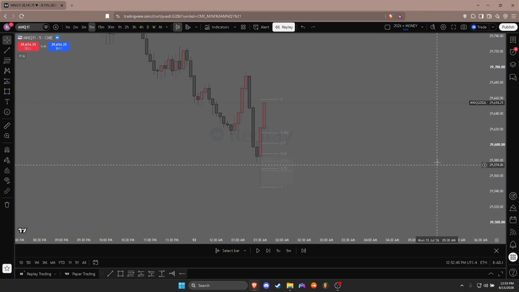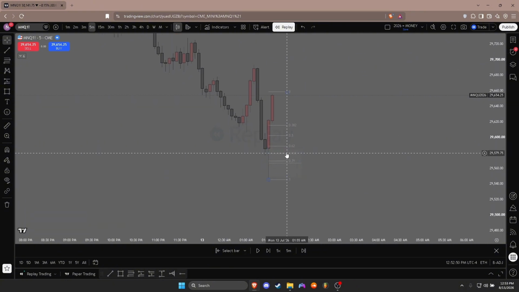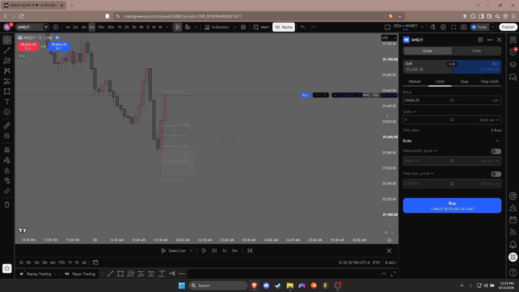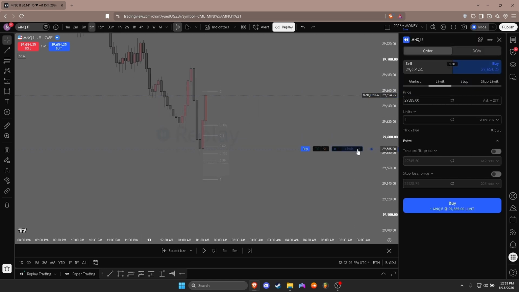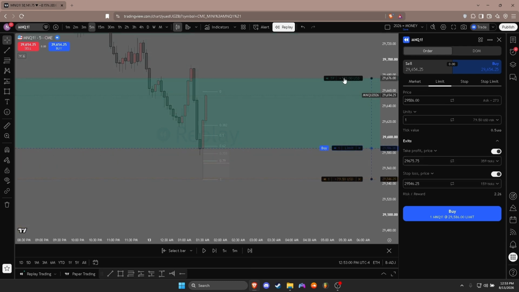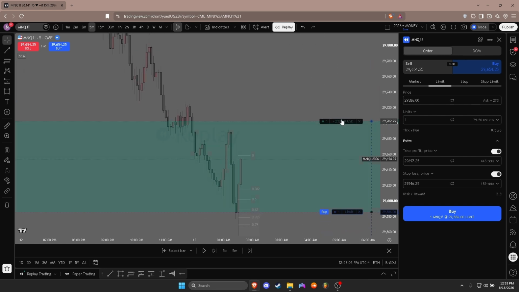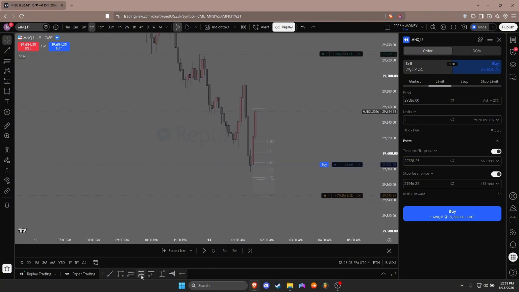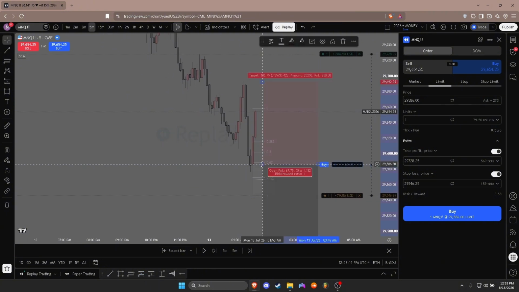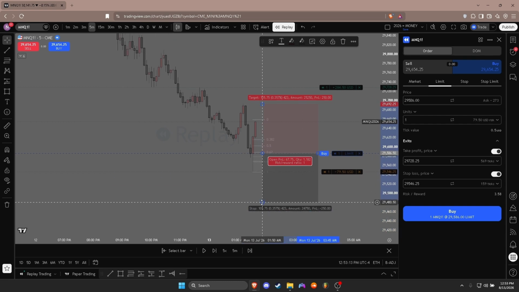Right here, I'll probably set it between this 0.705 and this 0.62, at the start of this rejection block wick, and we have an order block at this level. I would set my stop at these lows, maybe my take profit at these highs. If you want to aim higher, we could do this LRR right here.